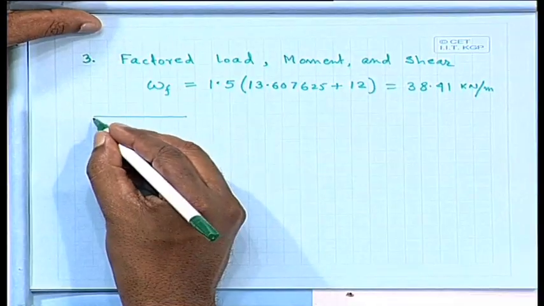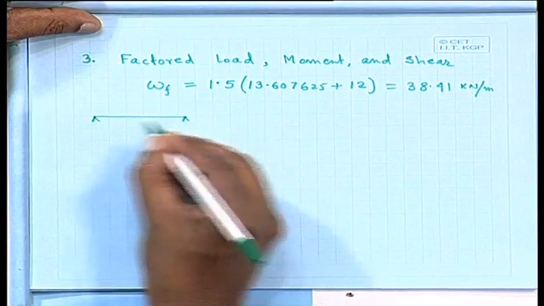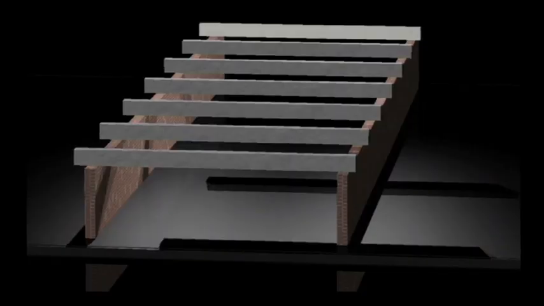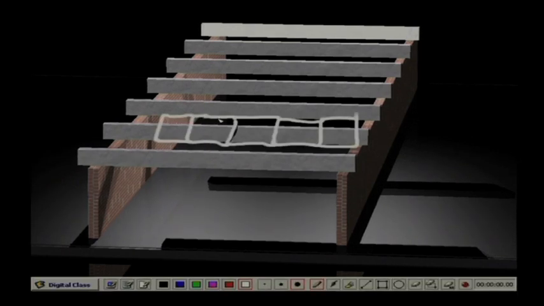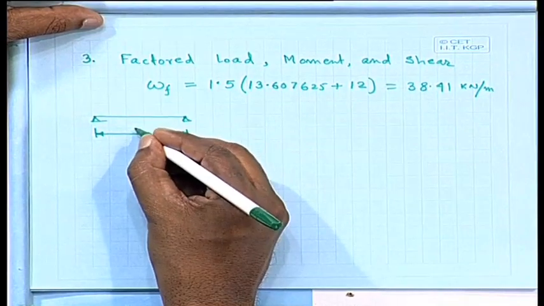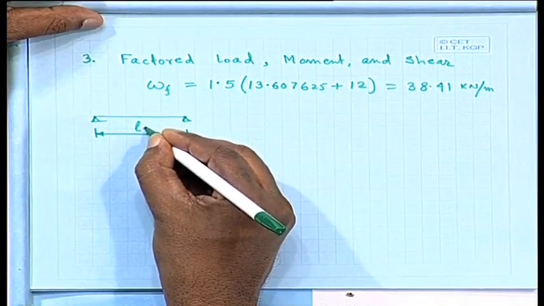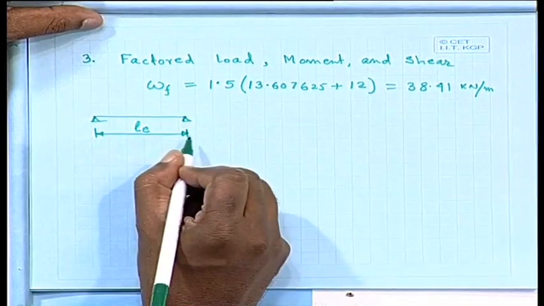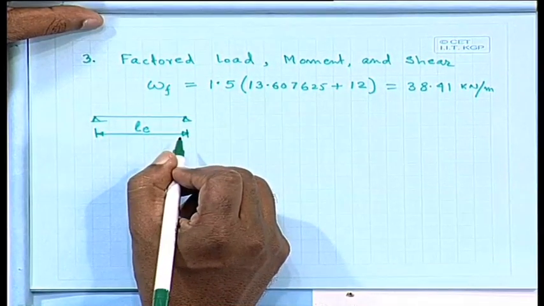So, we can take the moment at the mid span, and we need the effective span. Instead of talking about this one, we call it the effective span. What is that one?